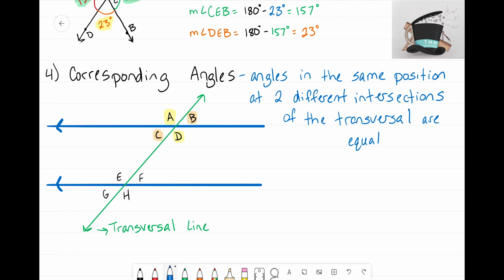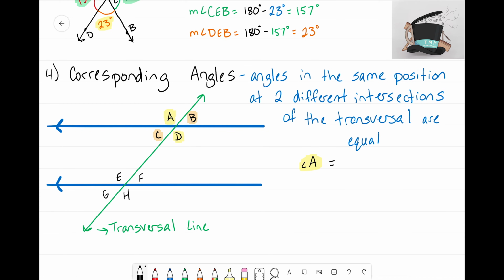So looking here at the angle A, I'll highlight that in our color so we can keep track. If I'm talking about the corresponding angle to A, I'm talking about an angle that's in the same position as A. Can we see that A is in the top left spot of these four angles? That is one of the intersections. As I move down my transversal, I end up at my other intersection.